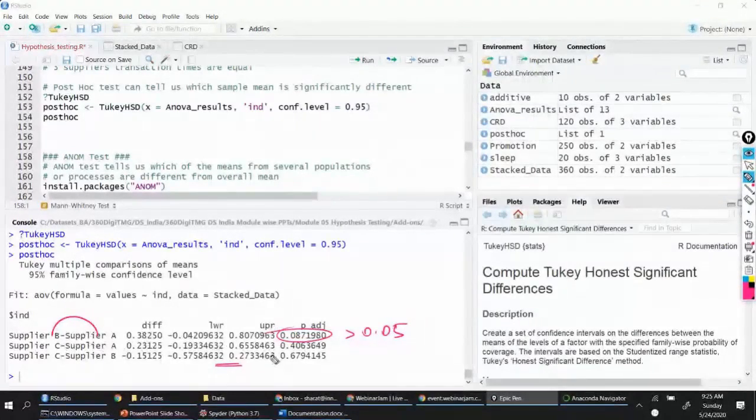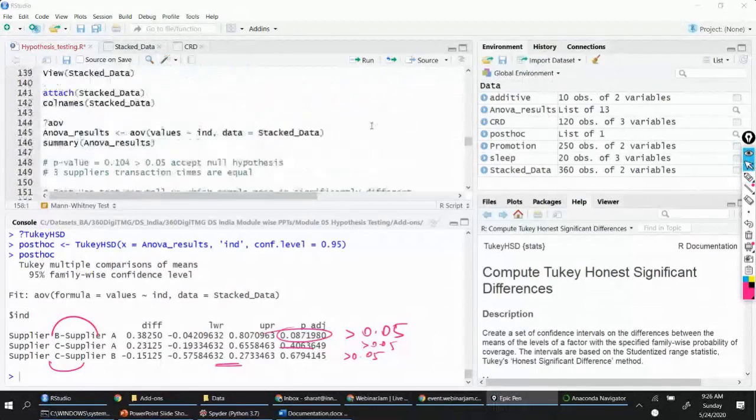C to A, greater than 0.05. C to B, this is also greater than 0.05. So the Tukey test is basically doing the pairwise comparisons. If you don't have the Tukey test, then you probably have to do this test manually.